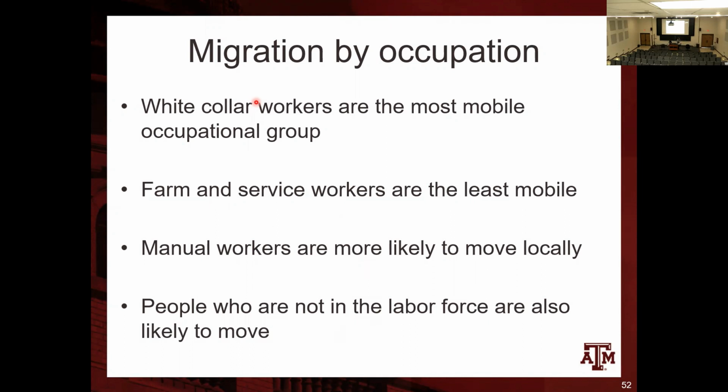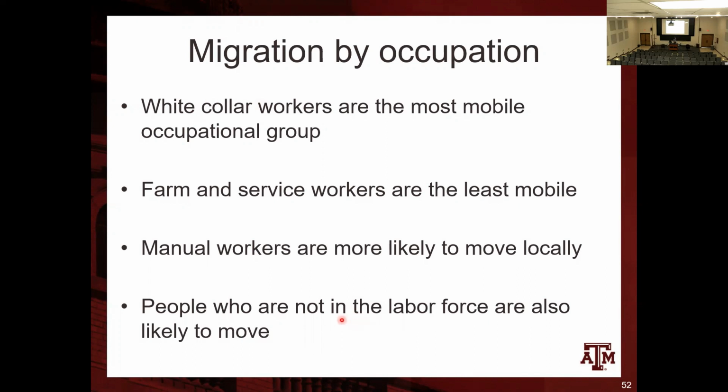People who are in occupations related to farming or service migrate less. And manual workers, who usually tend to have lower levels of education, when they move, they tend to move to nearby areas. And of course, people who are not in the labor force or who are unemployed tend to move to other areas in order to improve their lives and find jobs, right?